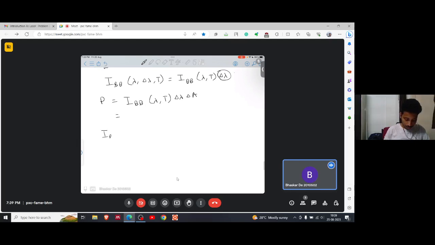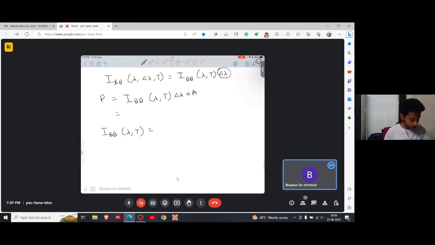So I'll just write down the expression for I BB lambda T. It is 2 pi c square h by lambda to the power 5, e to the power ch by lambda kT minus 1.